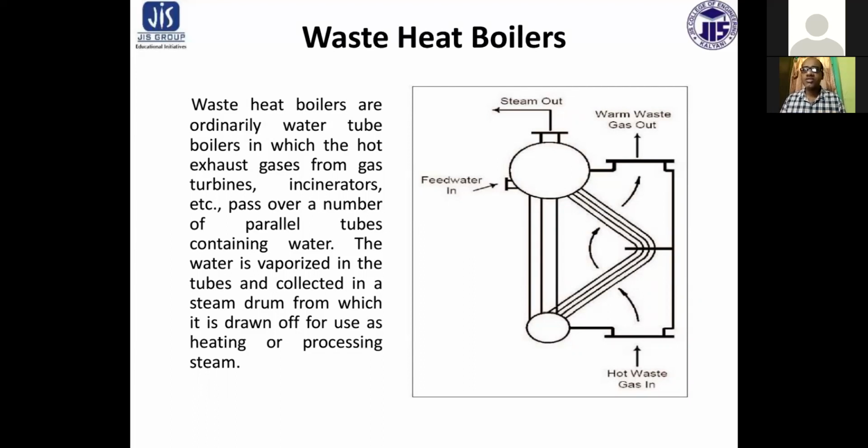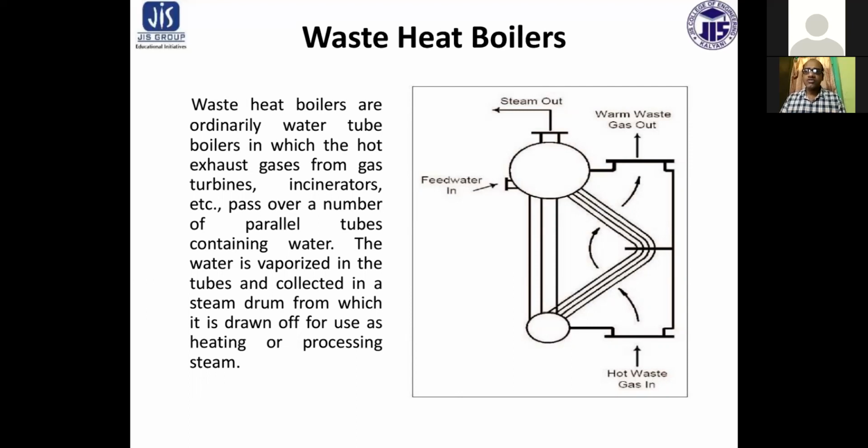Waste heat boilers are ordinary water tube boilers in which hot exhaust gases from a gas turbine, incinerator, etc., that is where the high temperature fluid is flowing. In this path, these waste heat boilers are placed.